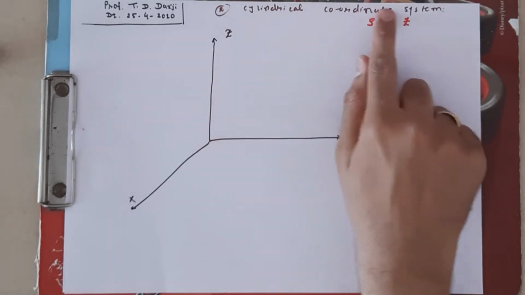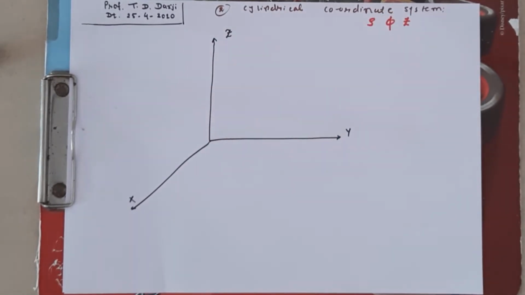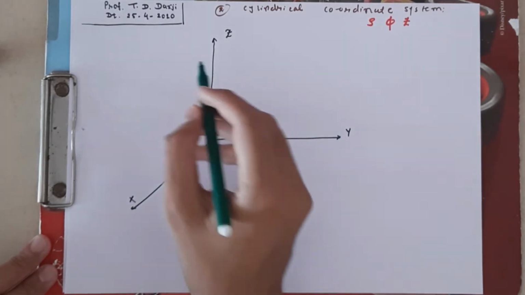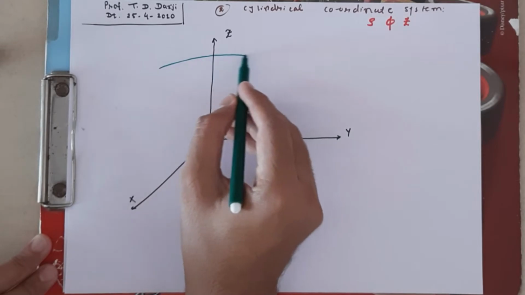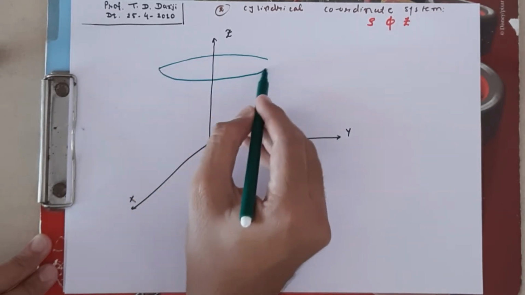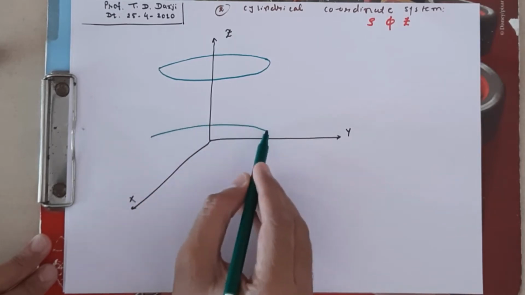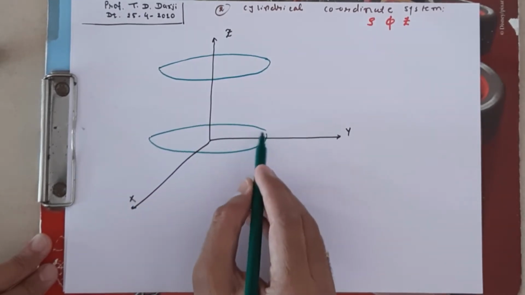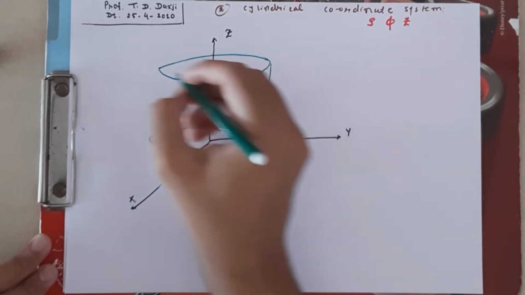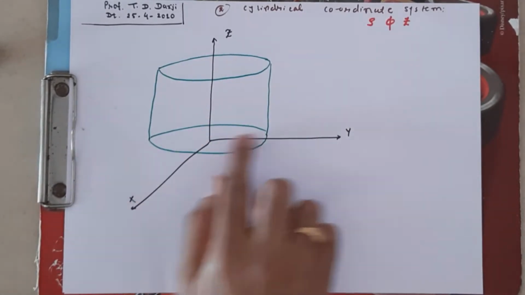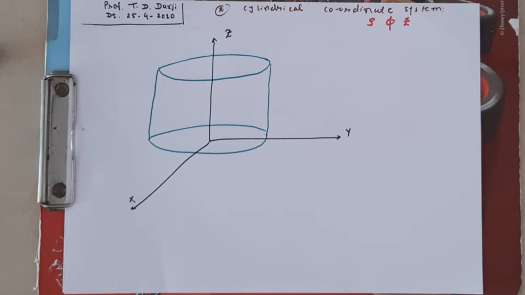Now in the cylindrical coordinate system, we assume that one cylinder exists. I put a cylinder on the XY plane. That means the surface of the cylinder is present on the XY plane.